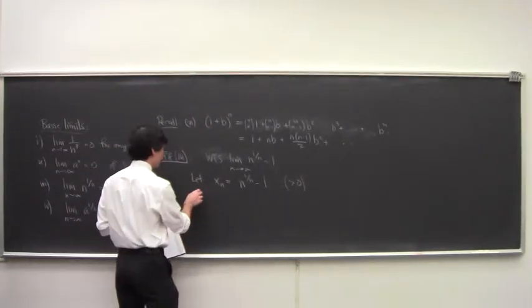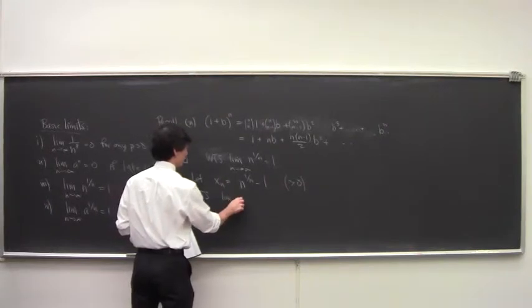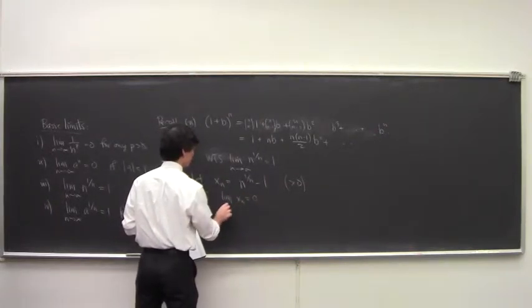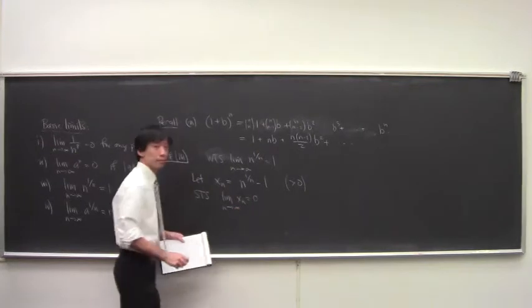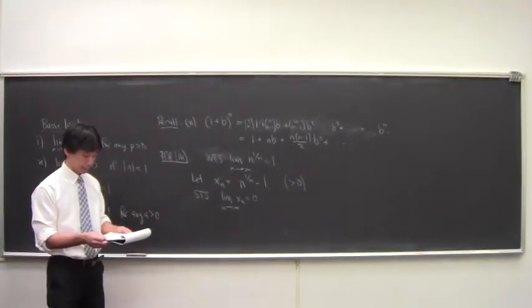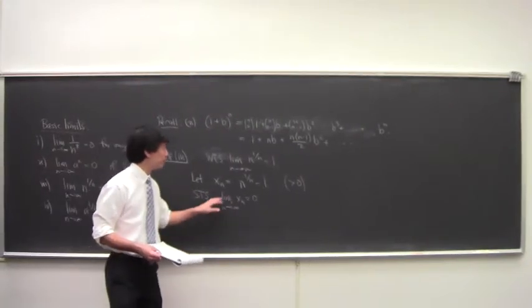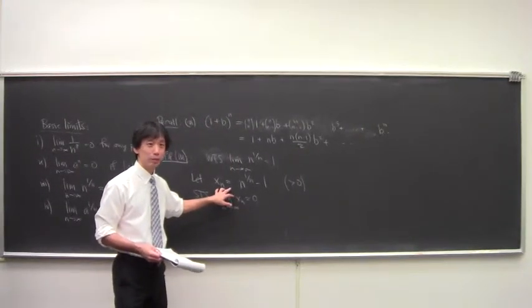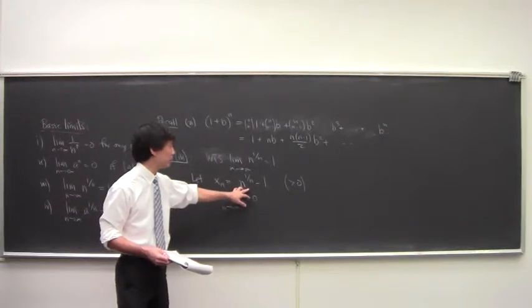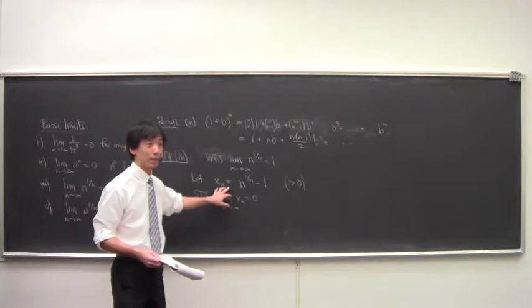And so it suffices to show that the limit of this guy is 0. Okay, so what we're going to do is try to use the binomial theorem to say something about x of n.